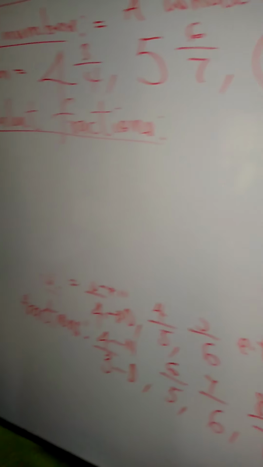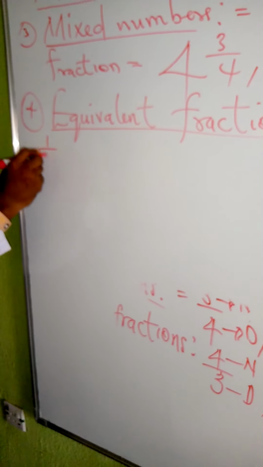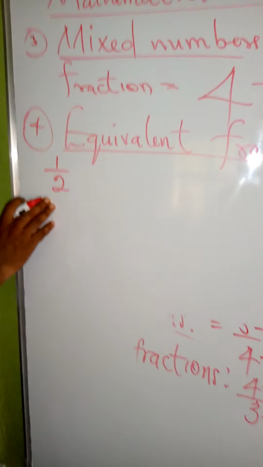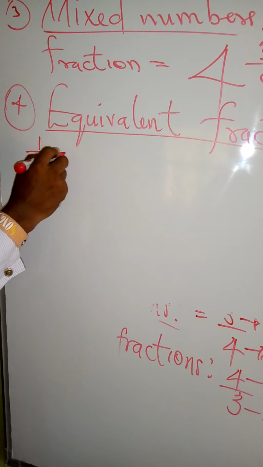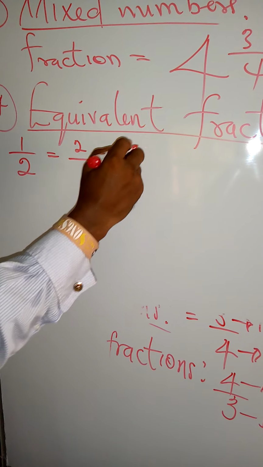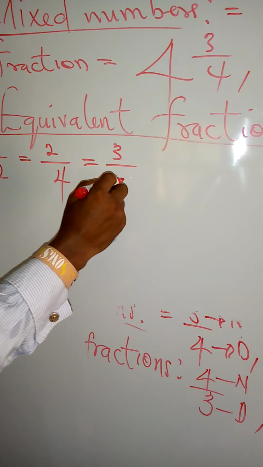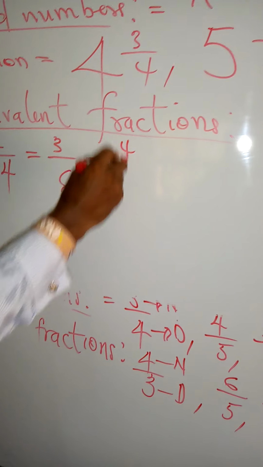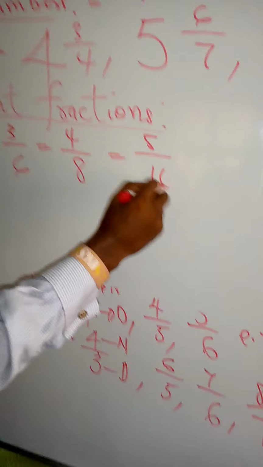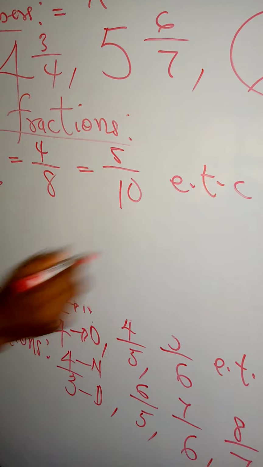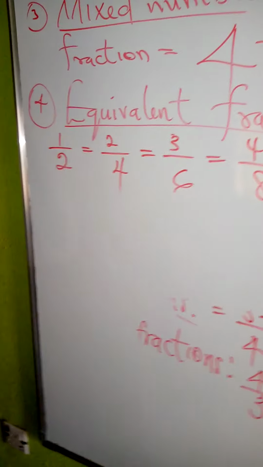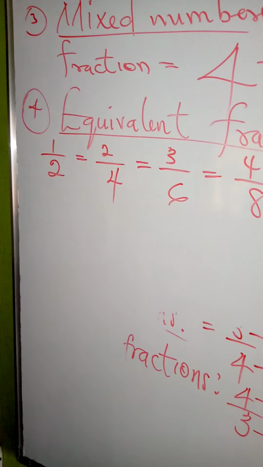For example, I have 1/2. I can build more fractions from 1/2. 1/2 is equivalent to 2 over 4, is equivalent to 3 over 6, is equivalent to 4 over 8, is equivalent to 5 over 10, etc. If you look at this group of fractions, when you divide them to lowest term, you are going to get 1 over 2 for all of them.